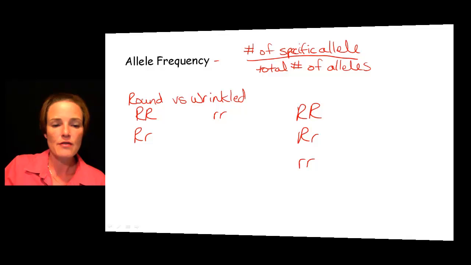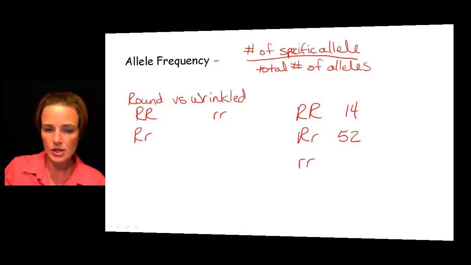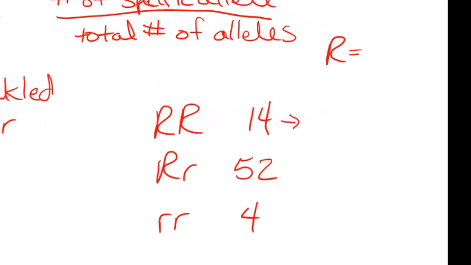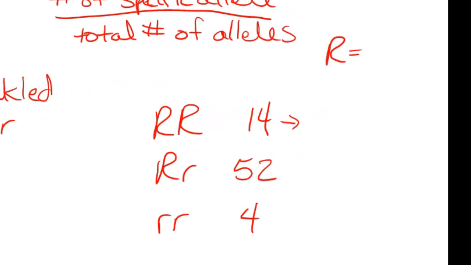Let's say that we have 14 of big R. Let's say that we've got 52 of the heterozygous, and let's say 4 of little r. And we want to figure out what the frequency of each of these alleles is. Well, if we go through the steps that we did before, for capital R, we're going to have from these guys right here, remember that they're homozygous, so they're going to have 2 copies of capital R each.